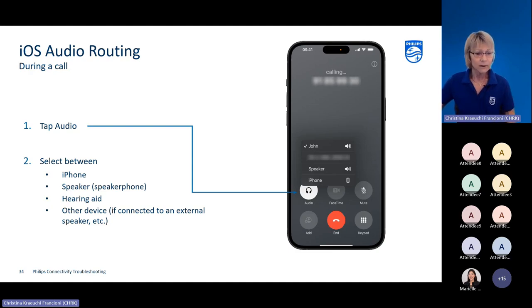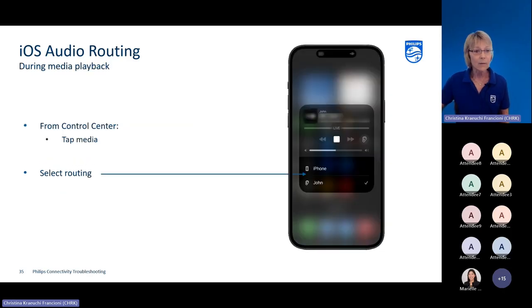The call comes in, you tap on audio, and then you see the connections coming up. Here you can select directly, immediately, if the sound should be transferred to the hearing instruments, to the speaker, or to the iPhone. So this is the option you can use right away when you are calling.